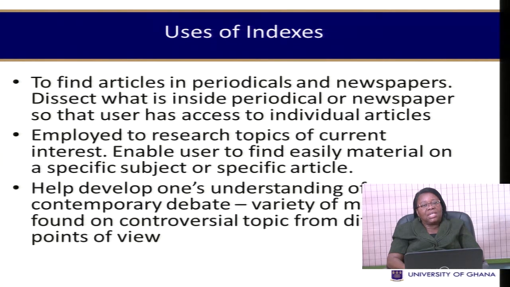So when a researcher is trying to publish in a particular area, he uses an index to find out what has been published. So it helps the researcher get an understanding of what the current debate is, and then also to be able to add to growing knowledge.